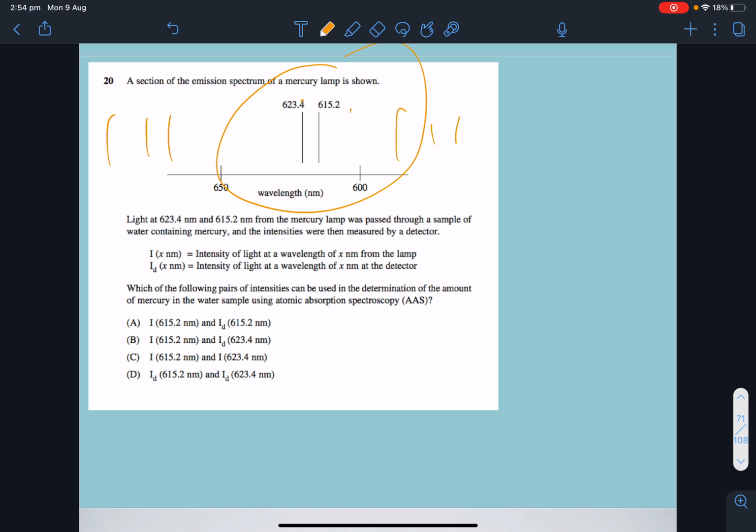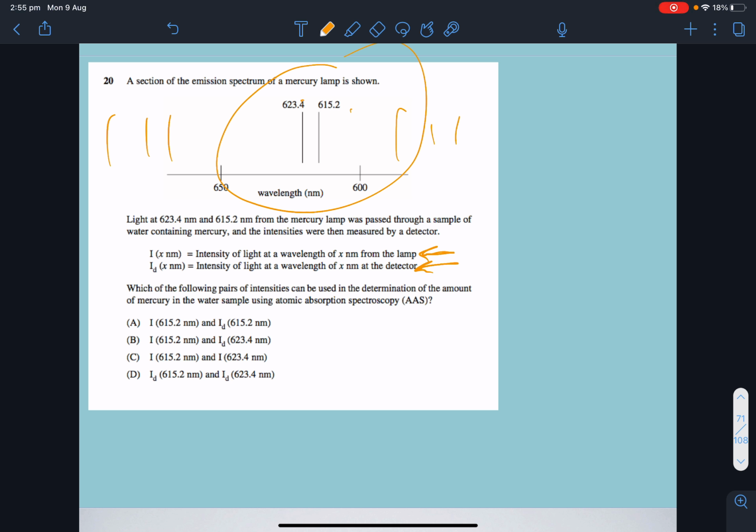So I at some nanometers, and then I, the detector, so the lamp and the detector. Which of the following pairs of intensities can be used in the determination of the amount of mercury in the water sample using atomic absorption spectroscopy?